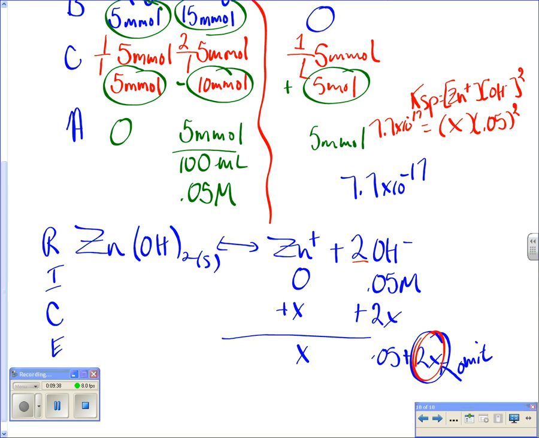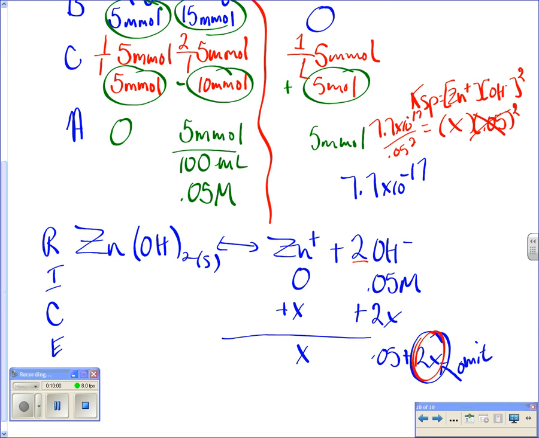So very simply, if I take 7.7 times 10 to the minus 17 divided by 0.05 squared, I get x. If you work all that out, pretty small number, you get 3.08 times 10 to the minus 14.